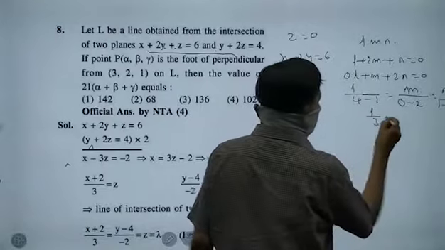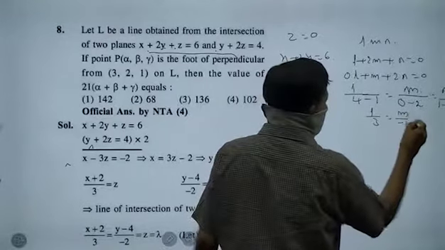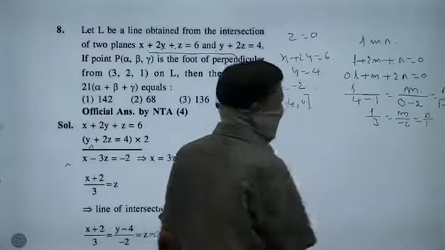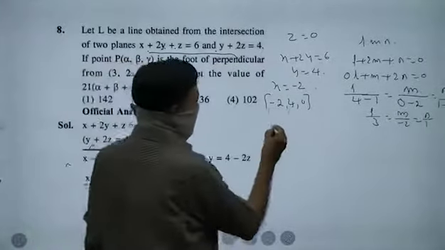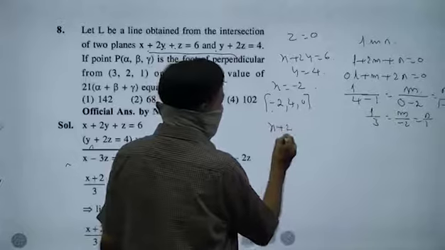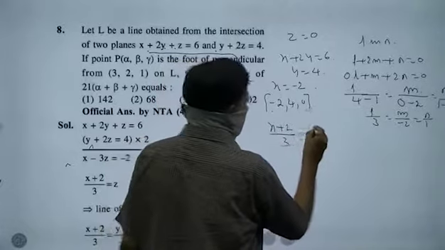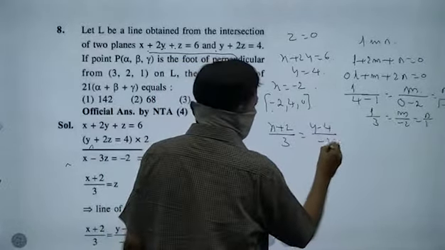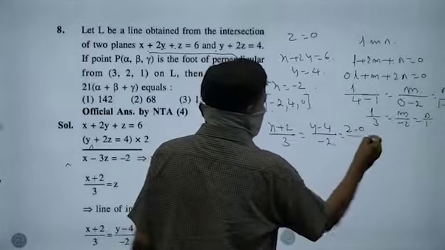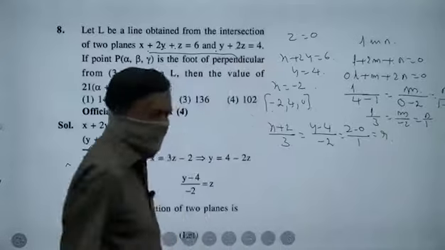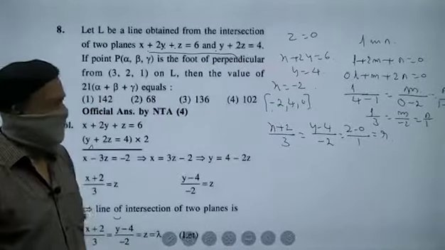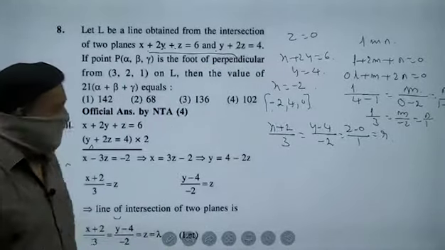So, l by 3 is equal to m by minus 2 is equal to n by 1. Now, the line is like this: x plus 2 by 3 equals y minus 4 by minus 2 equals z minus 0 by 1, each is equal to r.